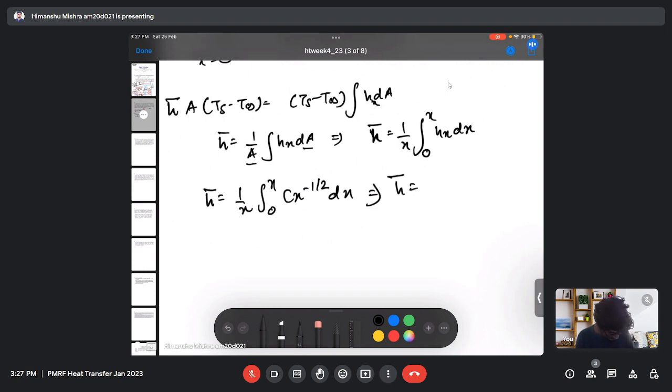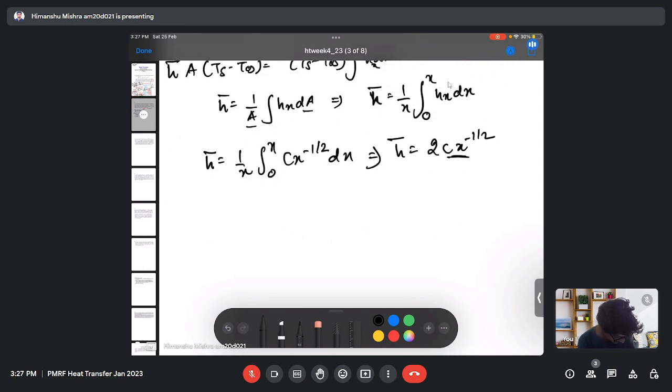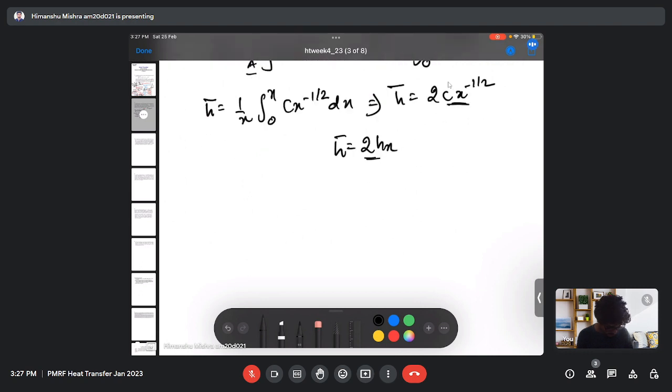So my h bar will be 2c x to the power minus 1 by 2, and c x to the power minus 1 by 2 is my local heat transfer coefficient. So h bar is 2 hx. So my average heat transfer coefficient is just twice the local heat transfer coefficient.